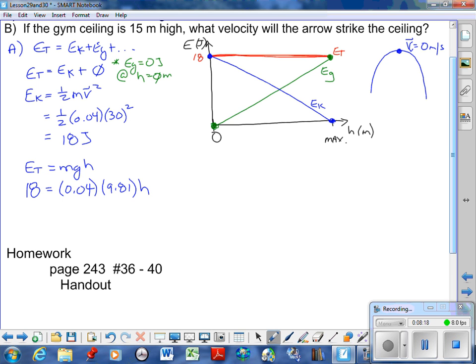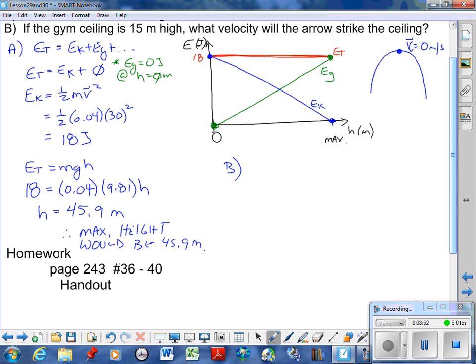And my height, so isolating for height, we get 18 divided by 0.04 times 9.81 in brackets, 45.9 meters. So therefore, max height would be 45.9 meters. So that arrow is going to go upward 45.9 meters.